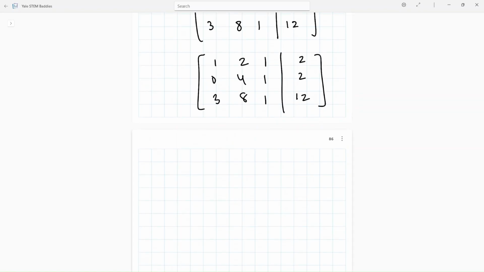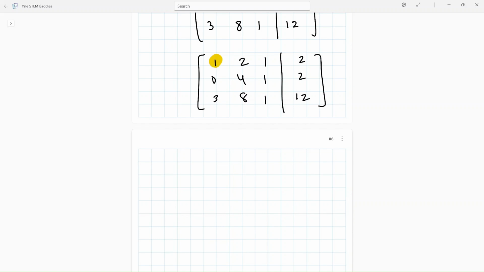Now I want to use this 1 and add multiples of the top row to the rows below it, so I zero out every entry below that upper left 1. Lucky for us, this is already a 0, so that step's already taken care of. Now I want to get rid of this entry right here, this 3, and turn it into a 0.